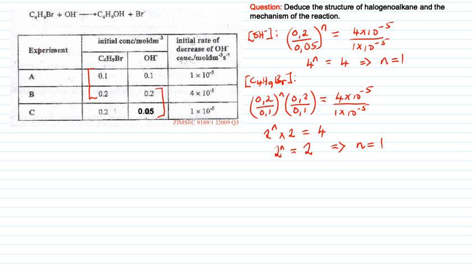So the rate equation: rate is equal to K multiplied by the concentration of C4H9Br multiplied by the concentration of hydroxide. This means the halogenoalkane is primary. So it's a primary halogenoalkane.